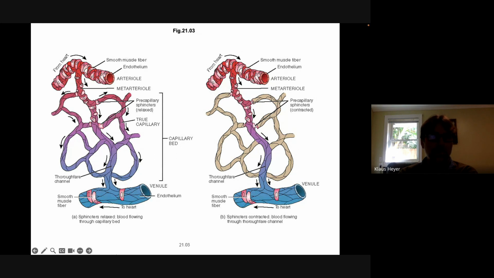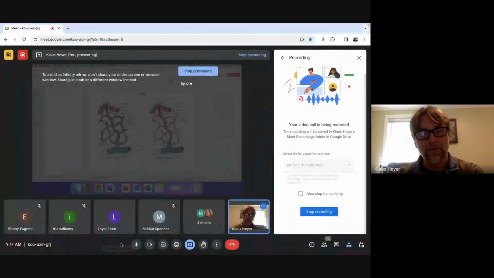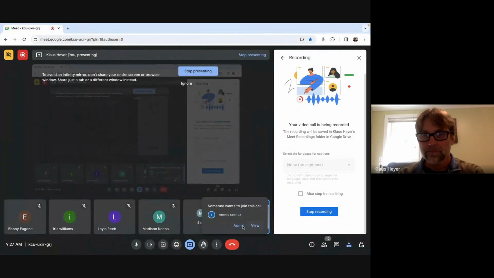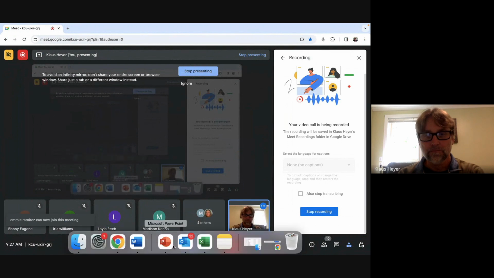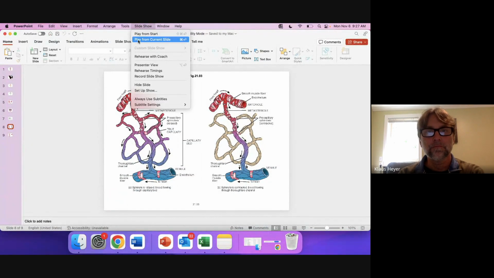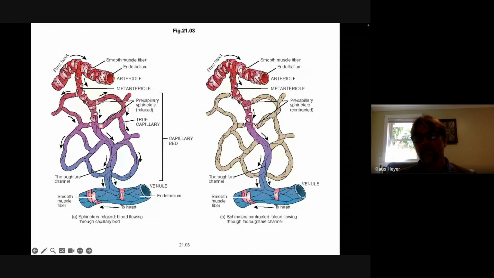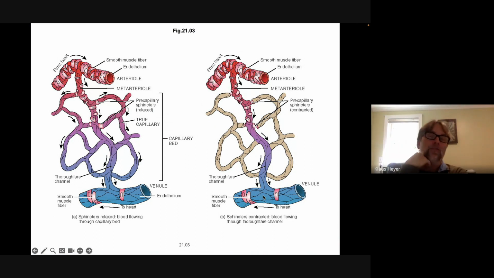One of the things that we would do is shut off those precapillary sphincters. So we shut these sphincters off, and we can send blood through this thoroughfare channel, put it right back into the vein, get it back towards the heart.